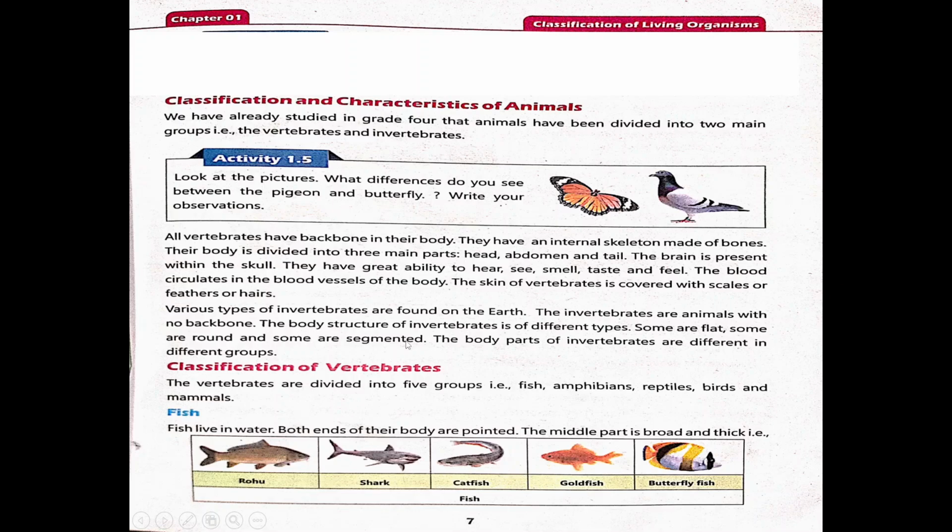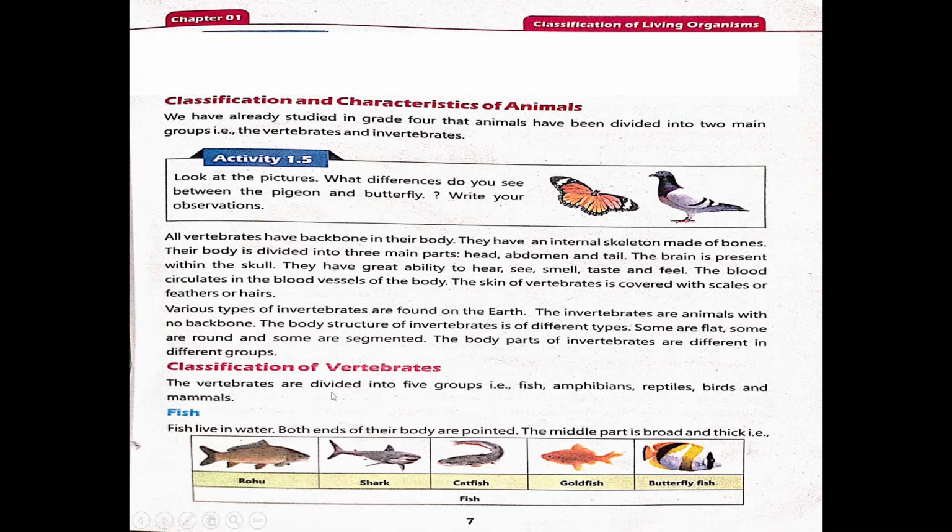The body structure of invertebrates is of different types. Some are flat, some are round, and some are segmented. The body parts of invertebrates are different in different groups.